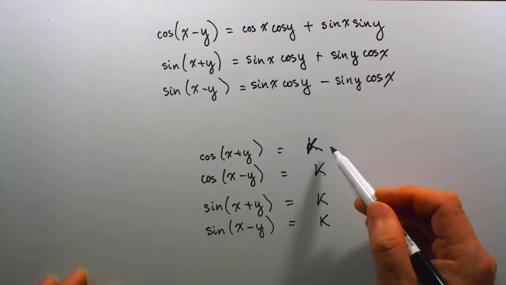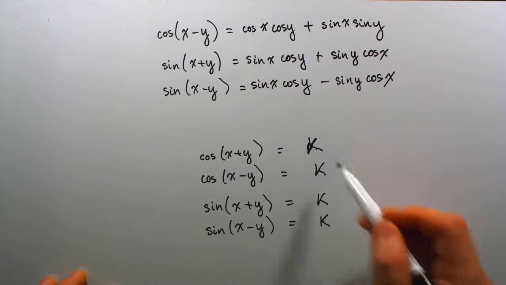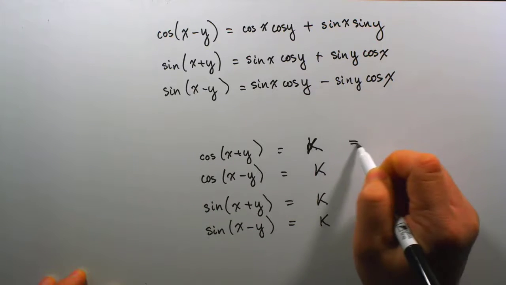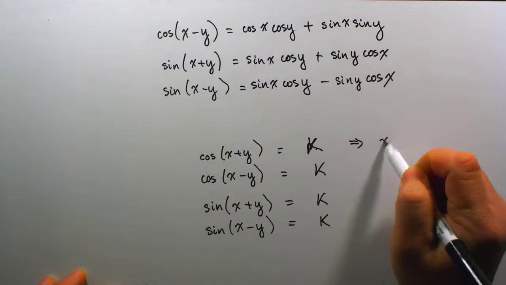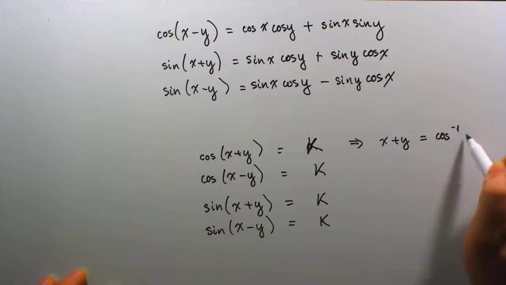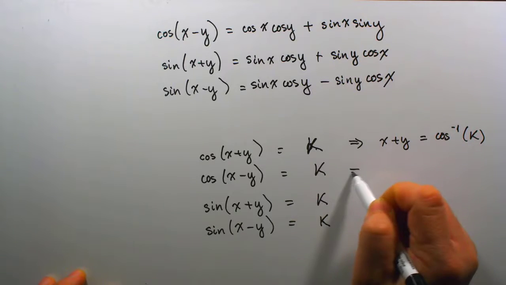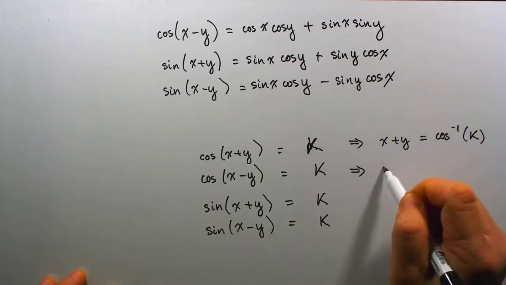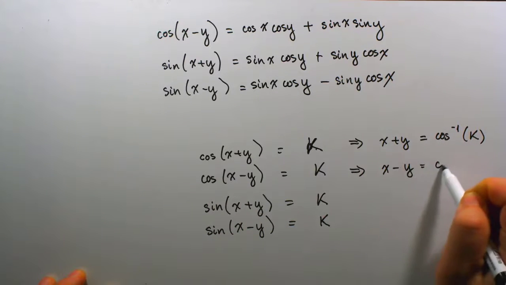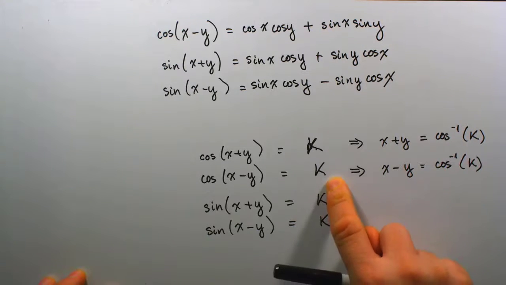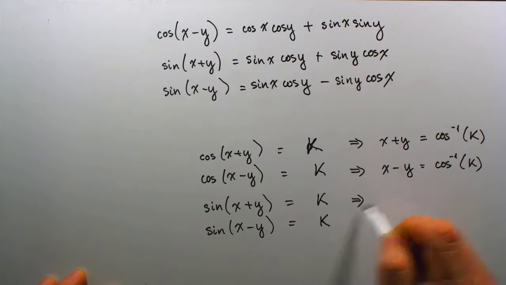And once we arrive at that step, then simply use either the inverse cosine or inverse sine. So for this case, we can find x plus y by taking cosine inverse of k. And the same for this case: if we ran into cosine of a difference, we can find that difference by taking cosine inverse of the constant value on the right-hand side, and so on and so on.